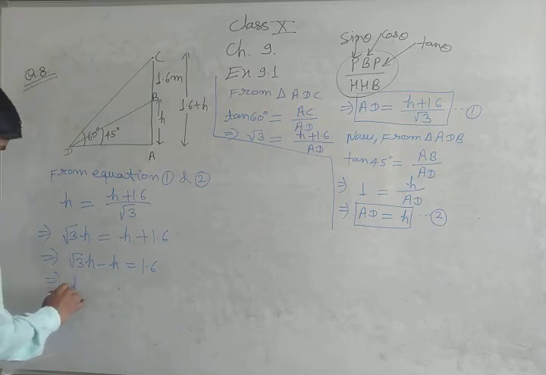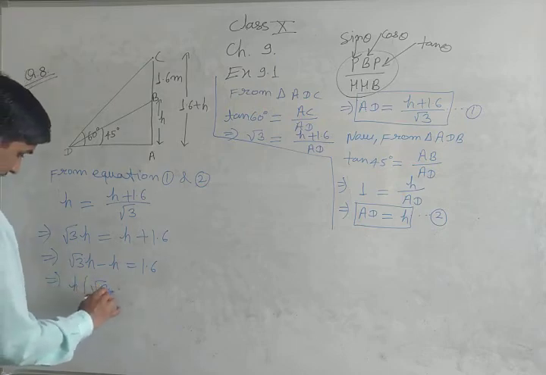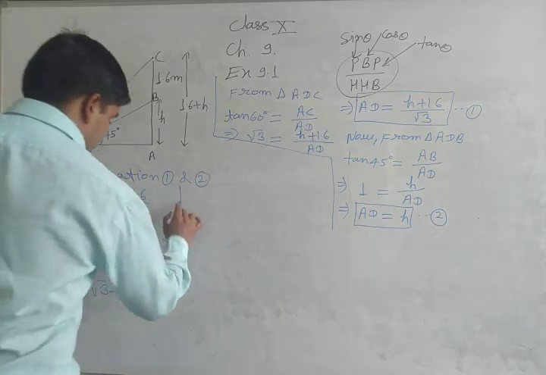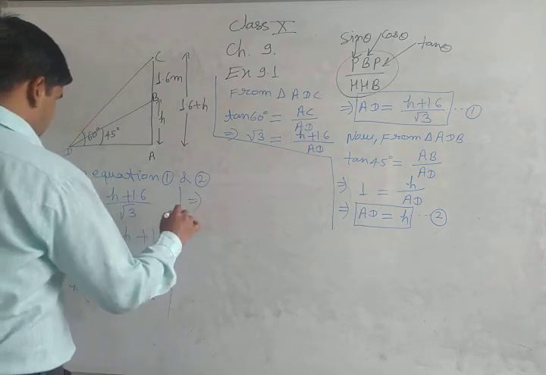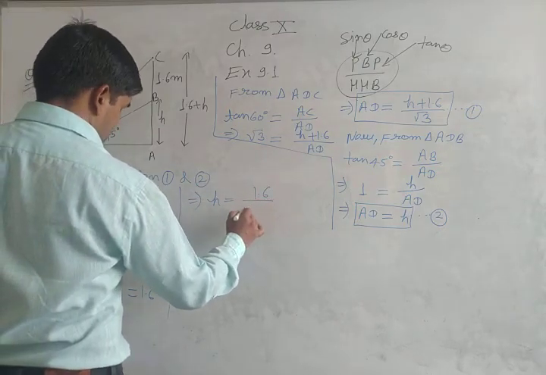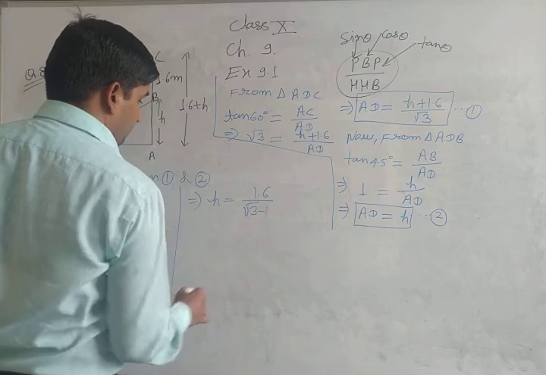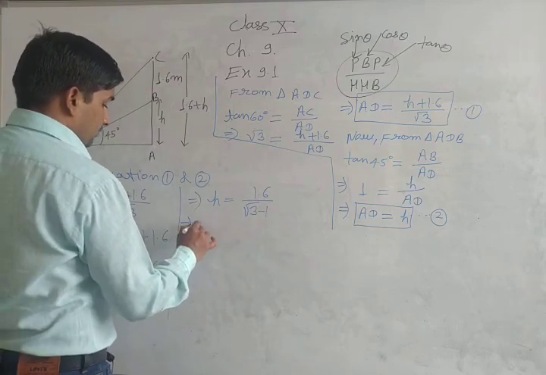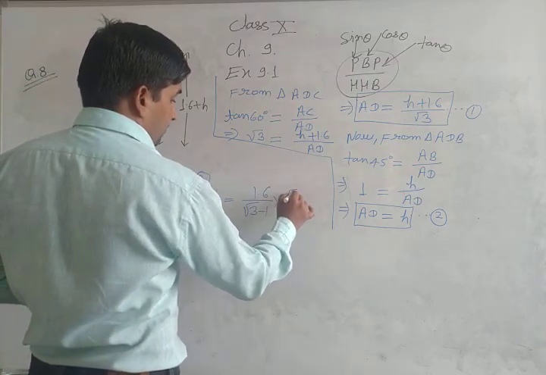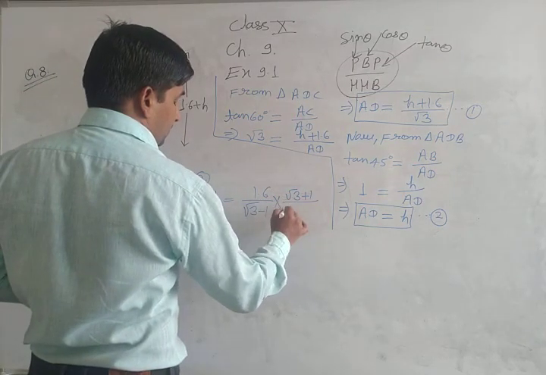Now we take h common, h times √3 minus 1 equals 1.6, implies that h equals 1.6 upon √3 minus 1.